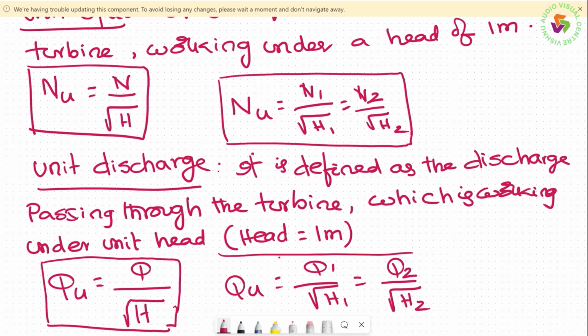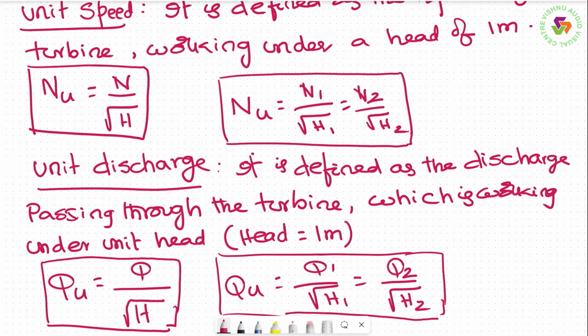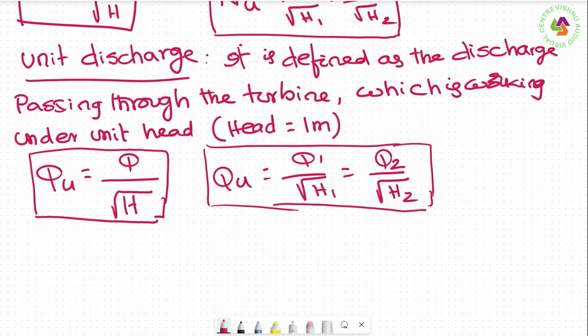I am writing the second form to compare the performance of the same type of turbines. And the third unit quantity is unit power.